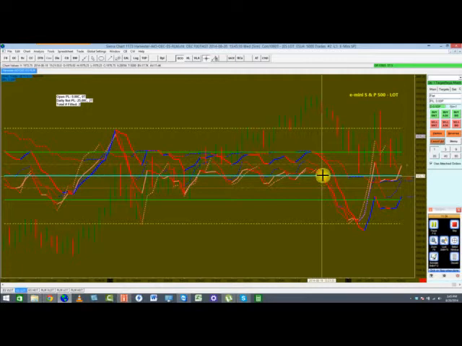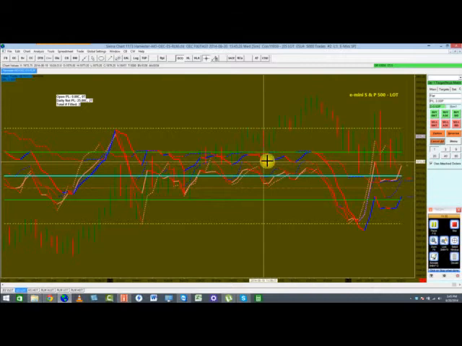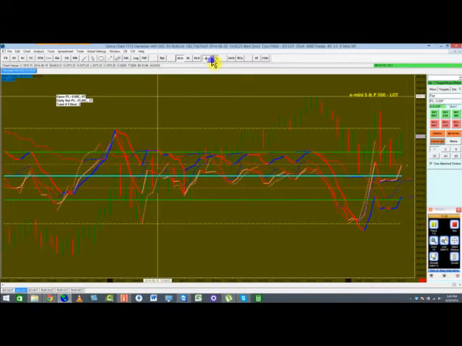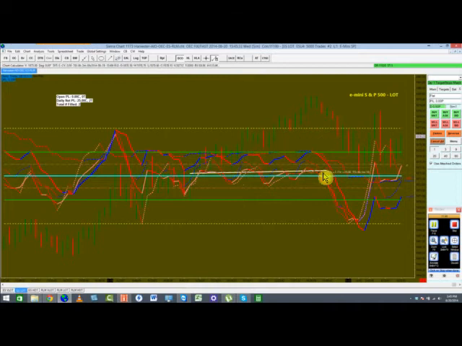So that's strong. We would take that short, but we would stay in during this time. And how much would we have gained if we'd stayed in during this time? We would have gained another $260 on one contract.